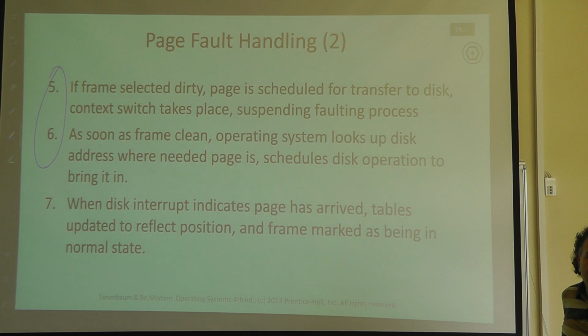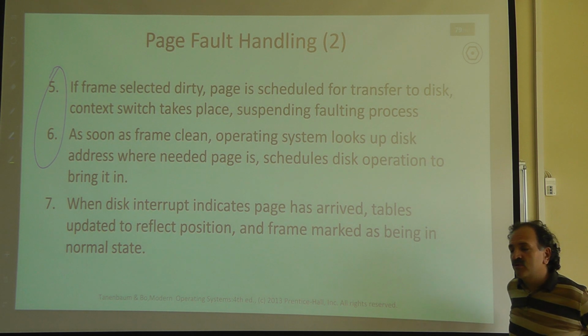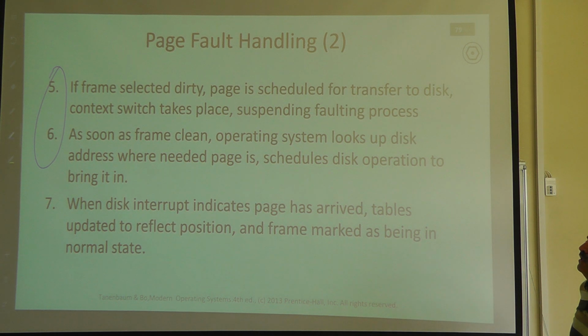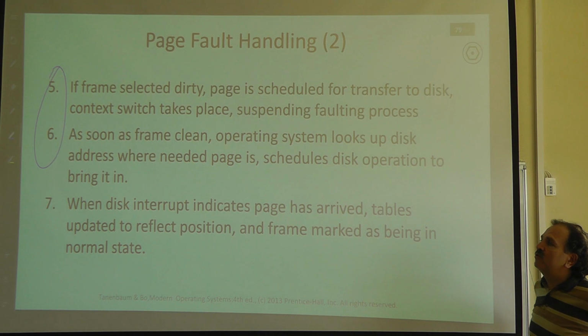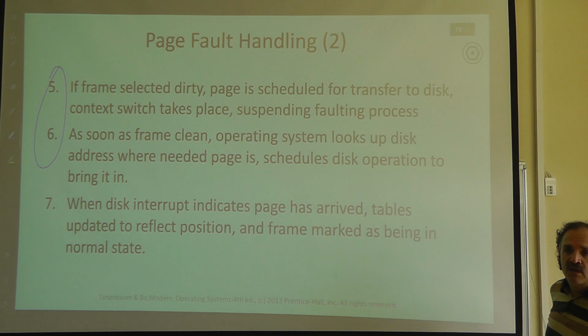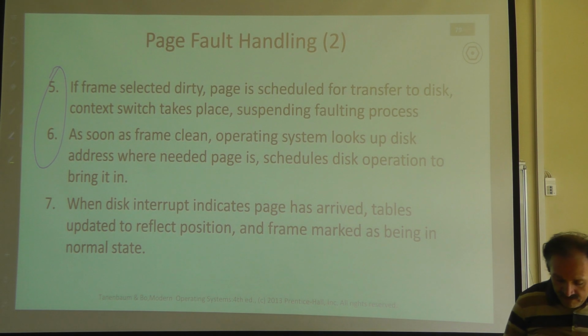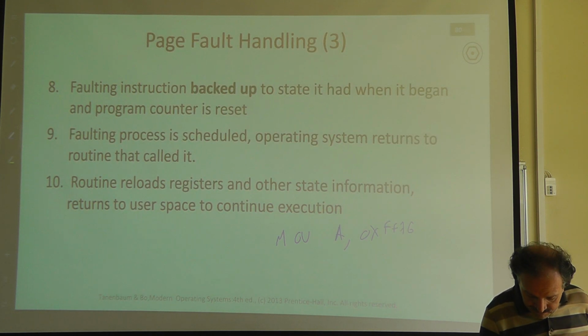If the other process already loaded it, then I just update my pointer in my page table, and then I continue my job. So sometimes, even though I had a page fault, if it's a soft page fault, not a hard one, I can continue doing my job without getting blocked.